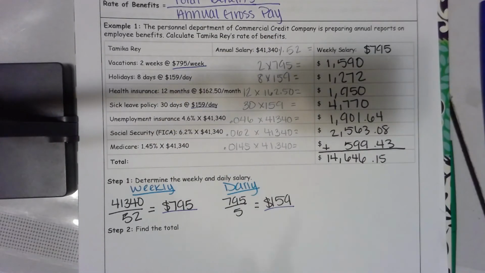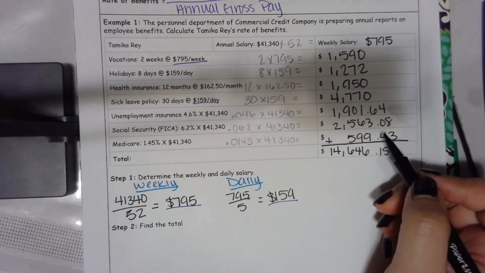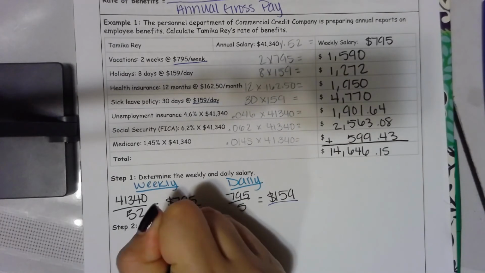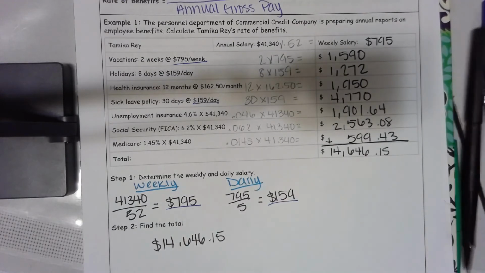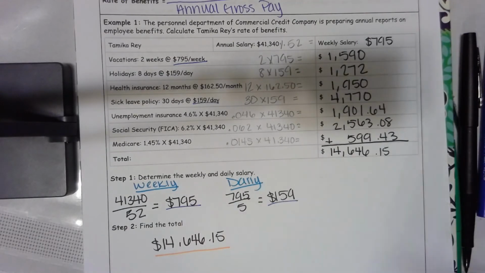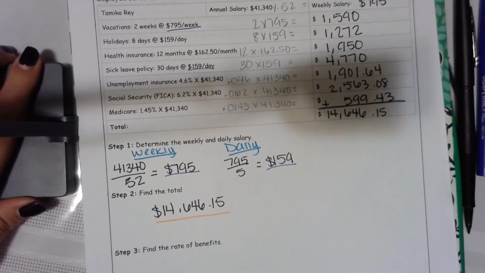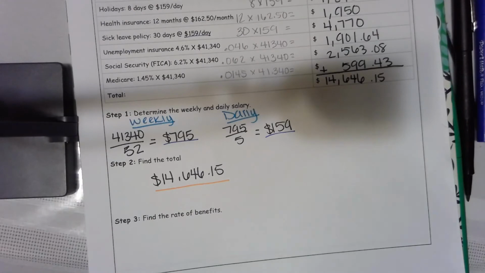Alright, so then to find the total, well, guess what? You already did it because you added it. But you can just rewrite it. And then it says, now you can find your rate of benefits. What you need to find your rate of benefits is just two things.